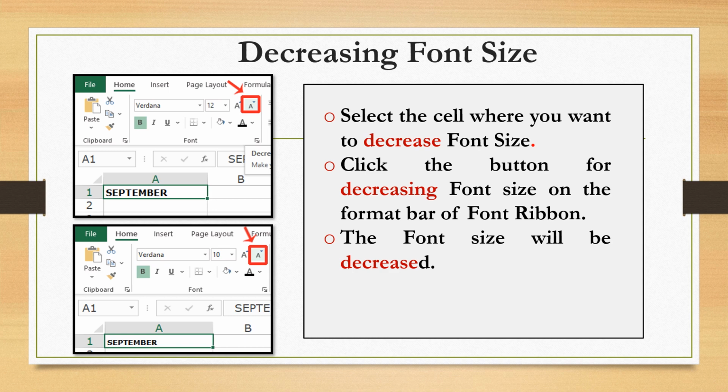Decreasing of the font size is also possible. This is done by clicking on the icon next to the font size increasing icon. This will decrease the font size to the next level below the current size.